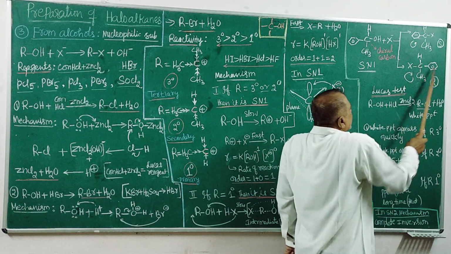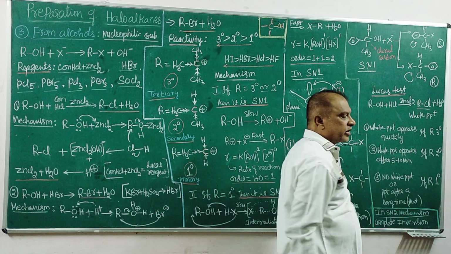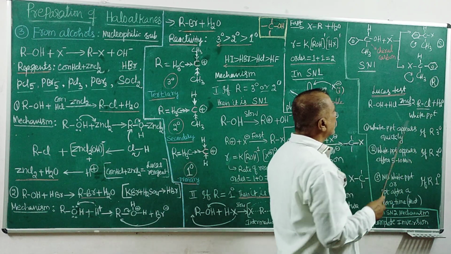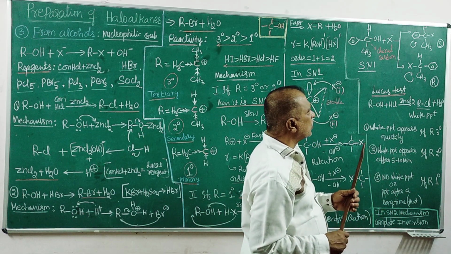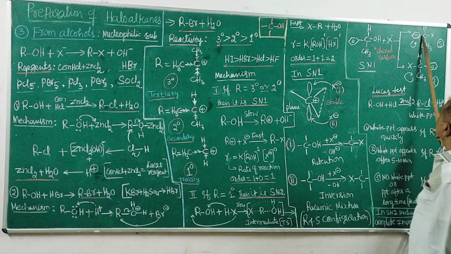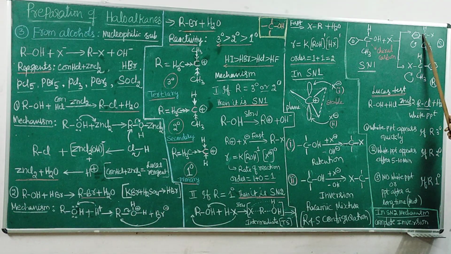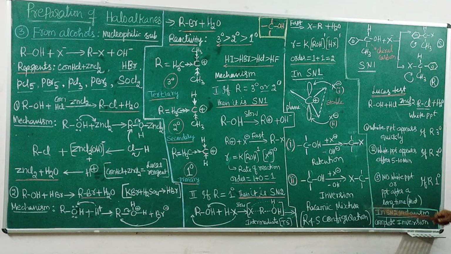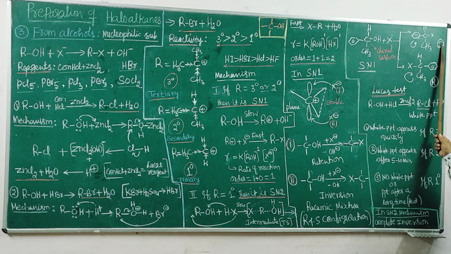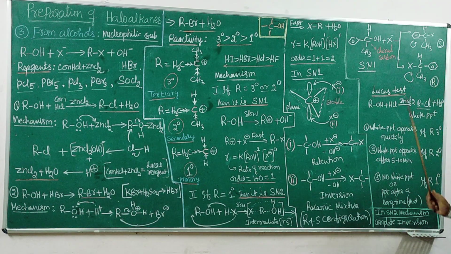So this clockwise priority is called R configuration. That is why we have different stereoisomers. Therefore these two are a racemic mixture in the SN1 mechanism. This was just an example to understand S and R configuration.